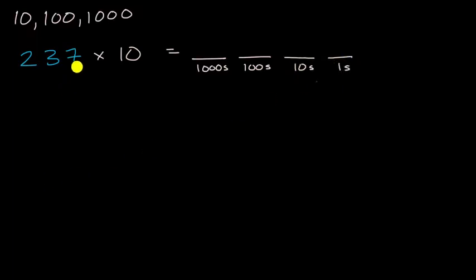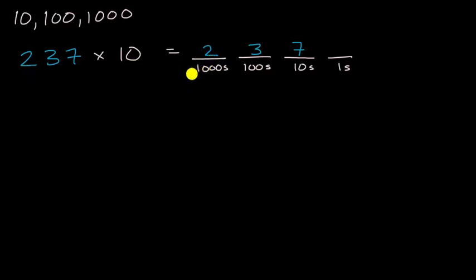Well, if I were to just say 7 tens, I would put the 7 over there. If I were to say 37 tens, I would write it like this, because 30 tens is 300s. And if I were to say 237 tens, I would write it just like that, because 200 tens is 2,000s.